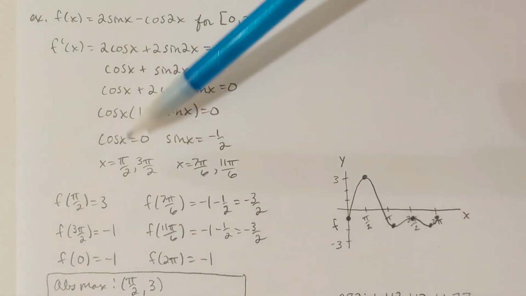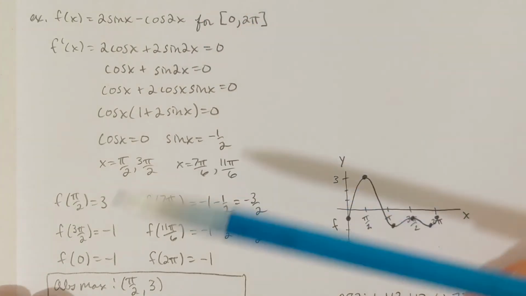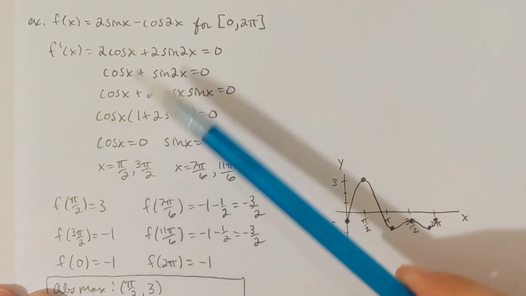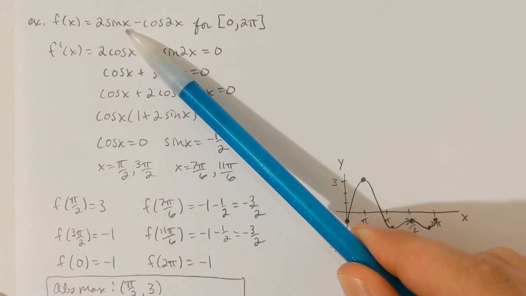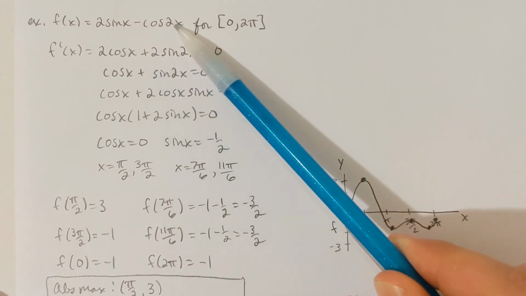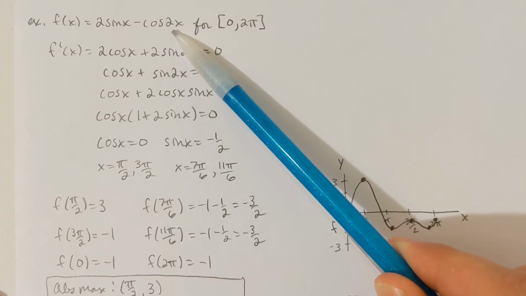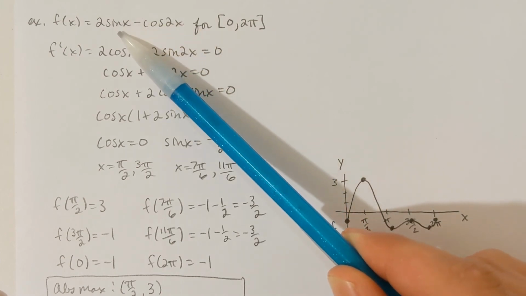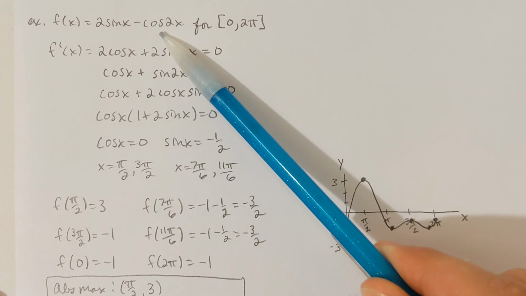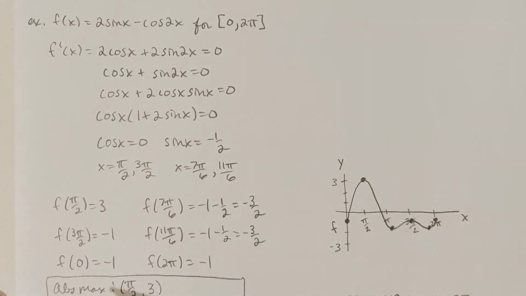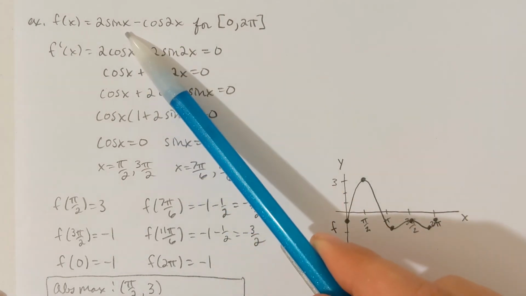Now how about with the critical numbers? If I plug in pi over 2 into the function, sine pi over 2 is 1. Cosine of 2 times pi over 2, the 2's cancel. Cosine pi is -1. 2 minus -1 is 3. How about if I plug in 3 pi over 2 into the function?